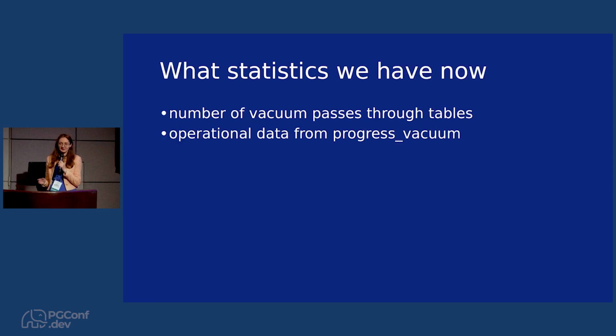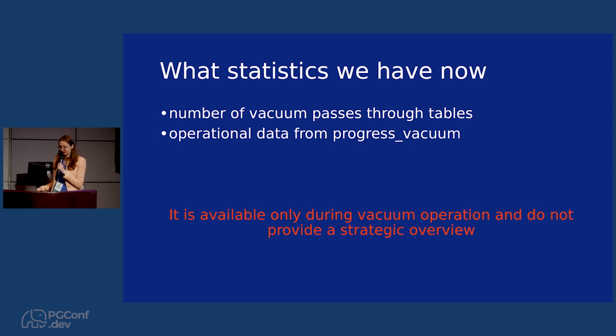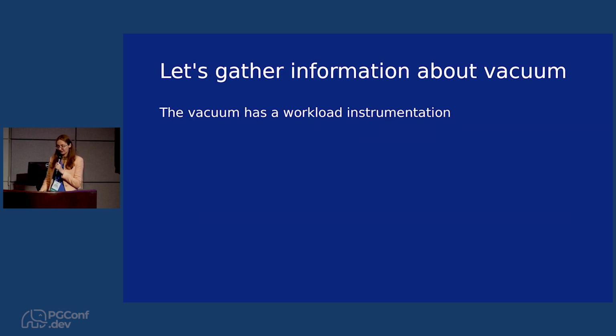And so we have some statistics for vacuum to analyze its functionality: the number of vacuum passes through tables, operation data from the progress vacuum view, and information in logs. But it is not enough to analyze vacuum functionality over a period, for example. And so we suggest collecting information about vacuum, as I mentioned before.